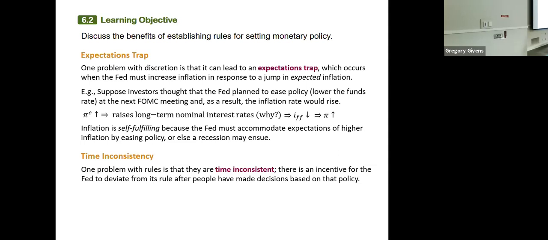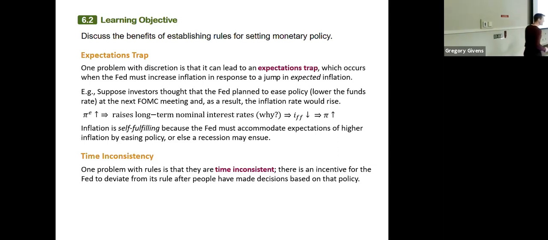But once those plans of the private sector have been set and laid down, the central bank finds itself in a position to actually deviate from its earlier plan or renege on its policy promises. In other words, what is optimal today is not necessarily going to be what is optimal for the Fed to do in the future after these expectations have already been set in. In other words, the policy is not consistent over time. It's a dynamic kind of time inconsistency problem.